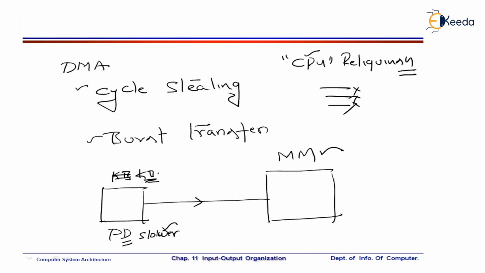Keyboard rate of transfer is very slow, depends on the user. For example, the maximum number of characters that you can type is 100 per minute. That is the user speed, the maximum speed. But 100 characters per minute is very slow to the CPU, because every second itself is capable of getting divided into 10 power 9 pieces.